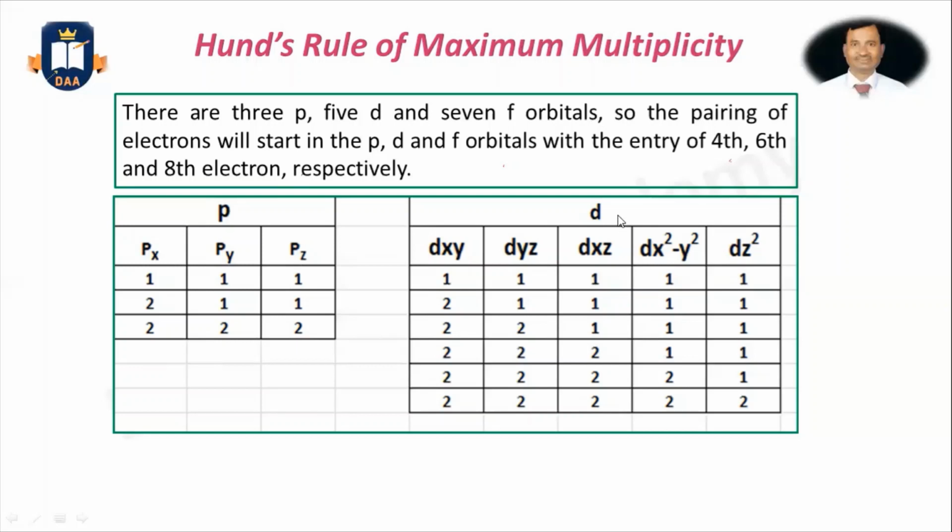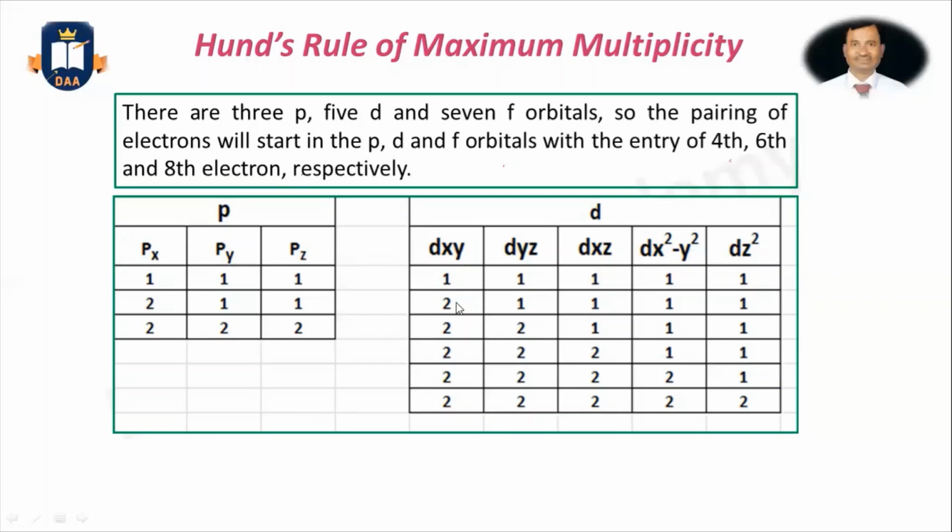In the case of d, the same thing will happen: the first five electrons will singly occupy each of the orbitals dxy, dyz, dxz, dx square minus y square, dz square. Then if the sixth electron comes, it will occupy one orbital and be paired.